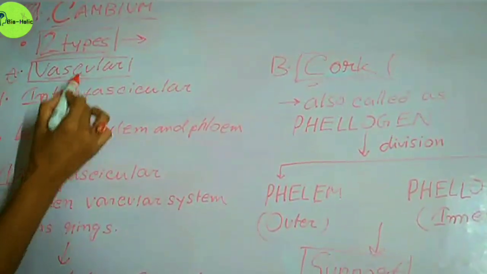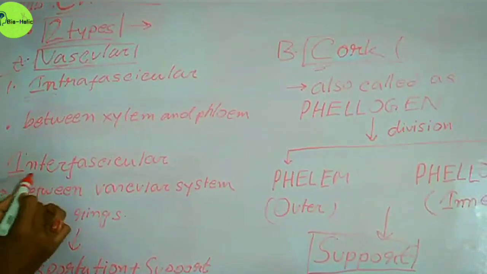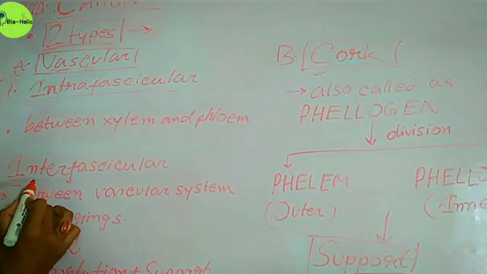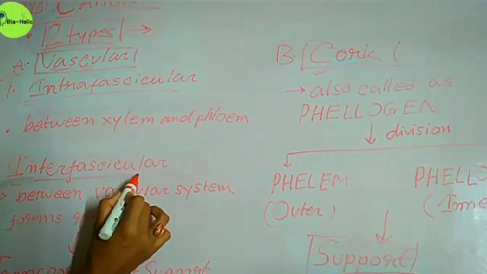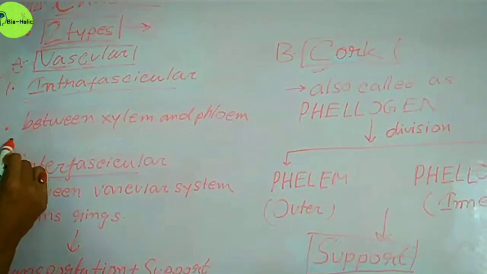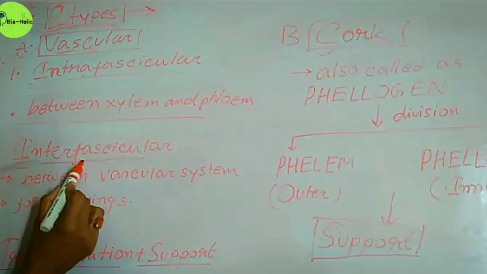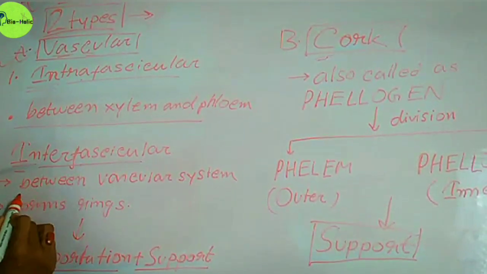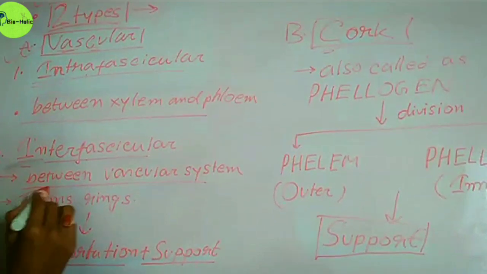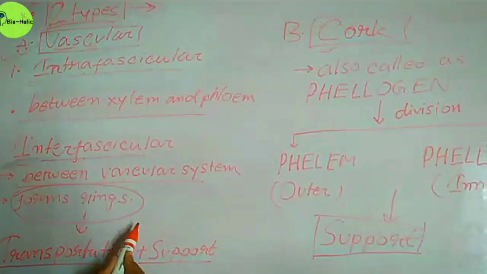The vascular type of cambium are two types, intrafascicular cambium and interfascicular cambium. The intrafascicular cambium is situated between xylem and phloem, and the interfascicular cambium is situated between the vascular systems, and this cambium forms the ring structure in the plants.